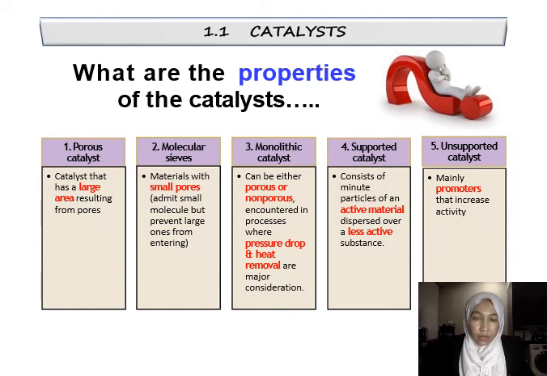The catalyst which is a molecular sieve has small pores which allow small molecules and prevent other large molecules from entering. And the monolithic catalyst can be porous or non-porous.